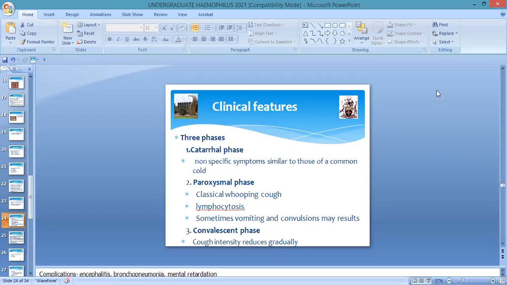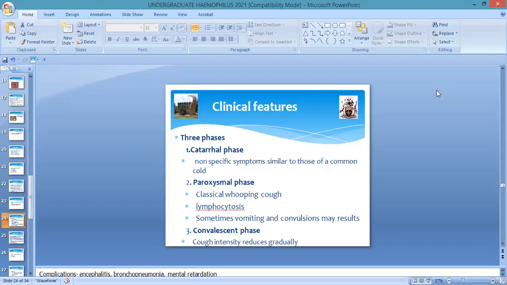So in the catarrhal phase, which is usually the initial stage during the infection, it's usually non-specific, and the symptoms usually resemble that of a common cold. So the patient will just present with a headache, fever, and a running nose.